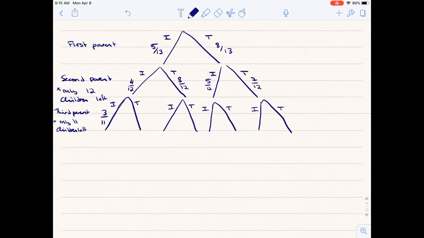None of the toddlers have been picked up on this first branch, so there's still 8 out of 11 toddlers. Second set of branches, 1 infant and 1 toddler have been picked up, so we've got 4 out of 11 and 7 out of 11.